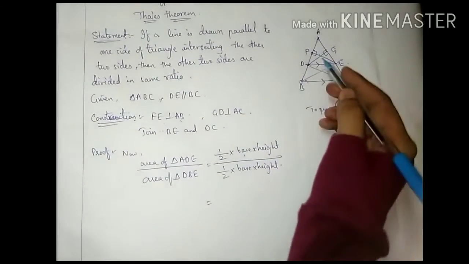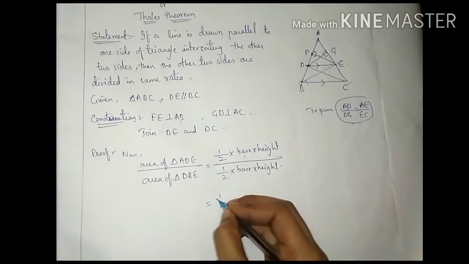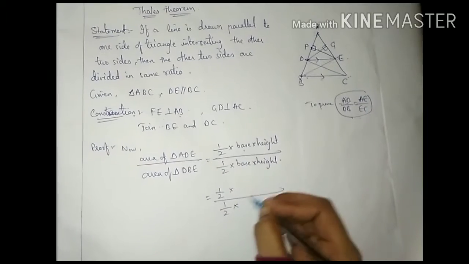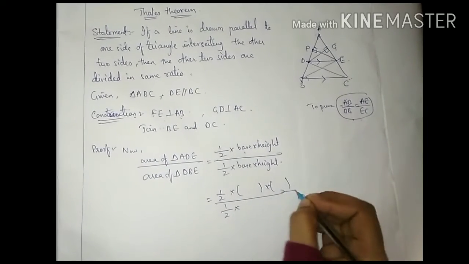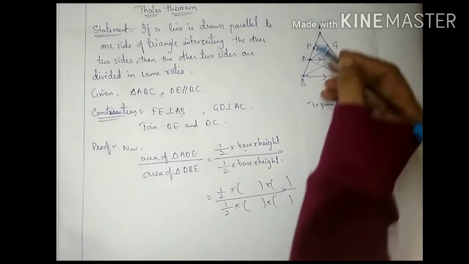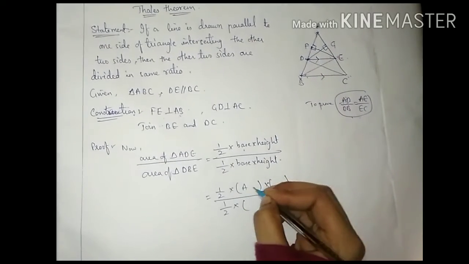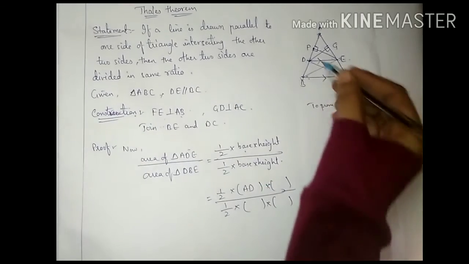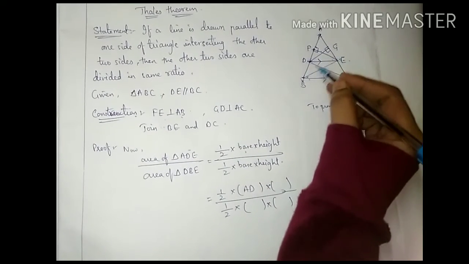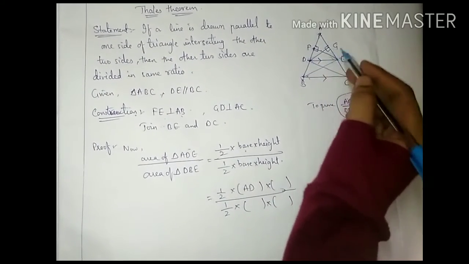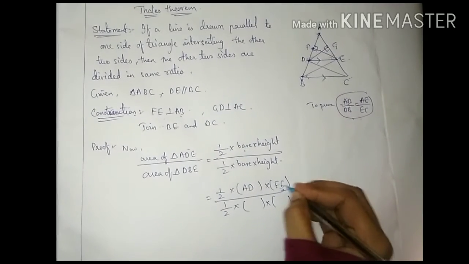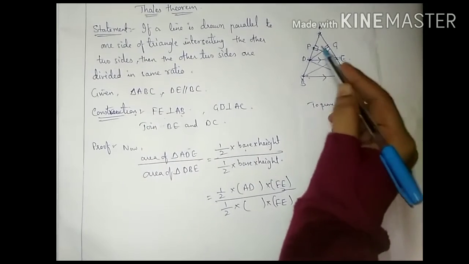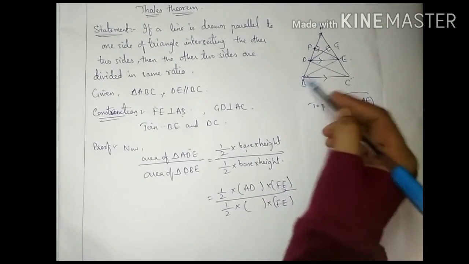Then what is the base over here, we need AD, half I'll write 1 by 2, here also in the denominator 1 by 2. In the first triangle ADE, we are taking base AD and height is FE. FE is the height of both triangles, because it is perpendicular to both sides.